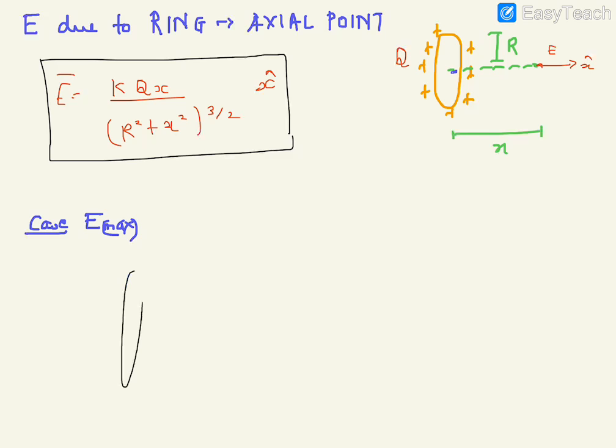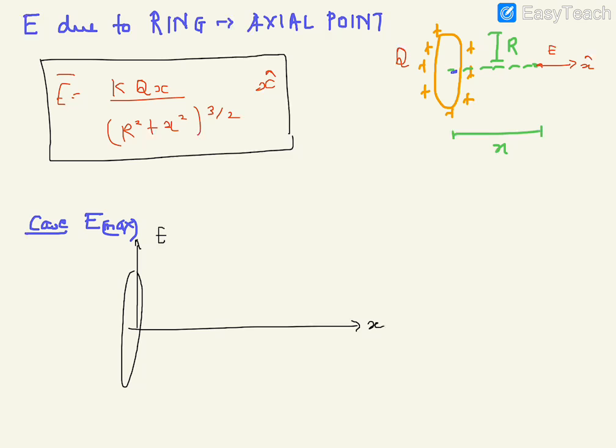Okay, now let me redraw this system. All right, so this is my X, this is my ring, and my Y is the electric field graph, and this ring is actually not here, just for graphical purposes.